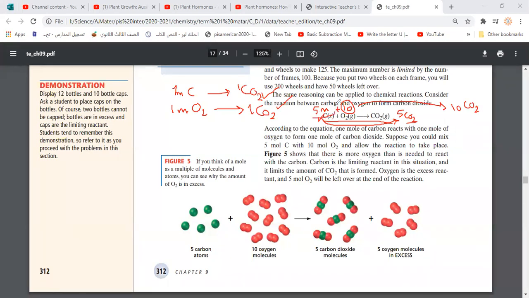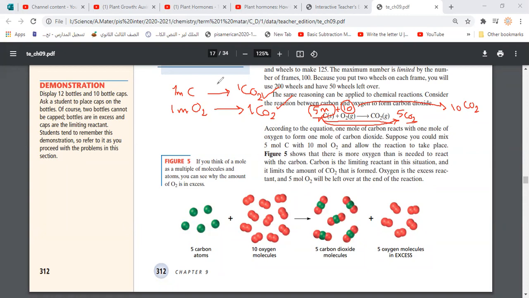But actually, what I only have is 5 moles of carbon, which means the carbon limits the reaction. It's just going to combine with 5 moles of oxygen to produce 5 moles of carbon dioxide, and still 5 moles of excess oxygen will not react. You get the idea, guys?